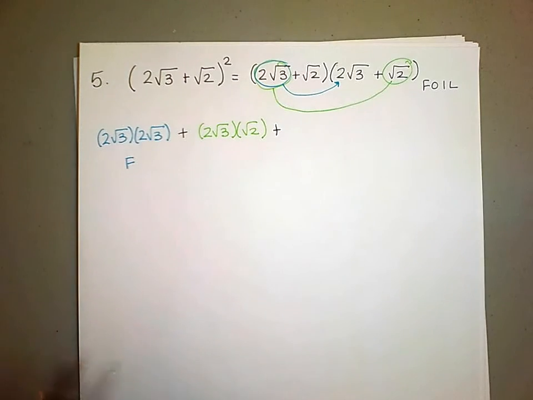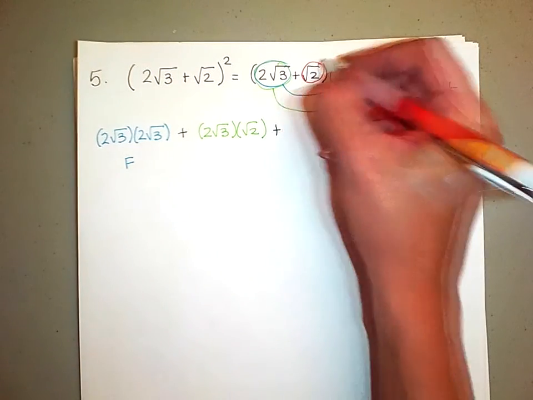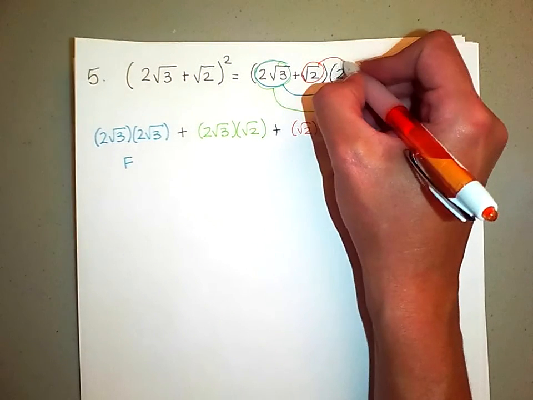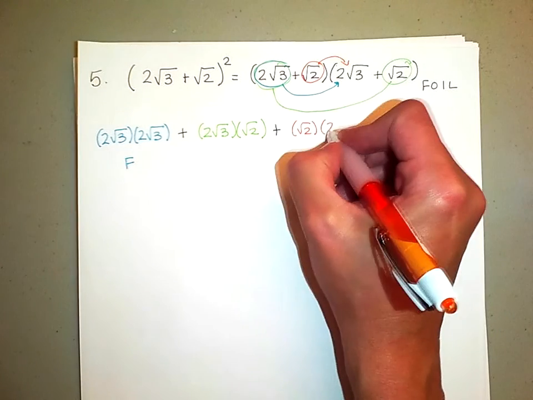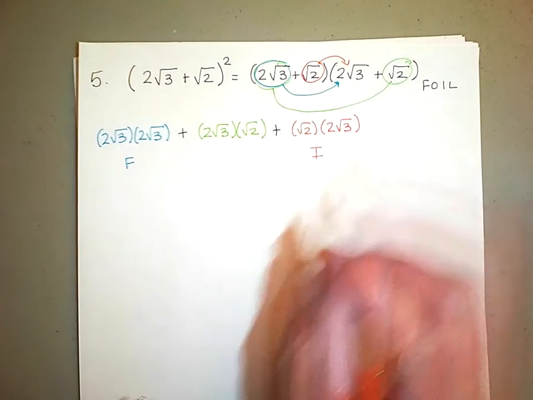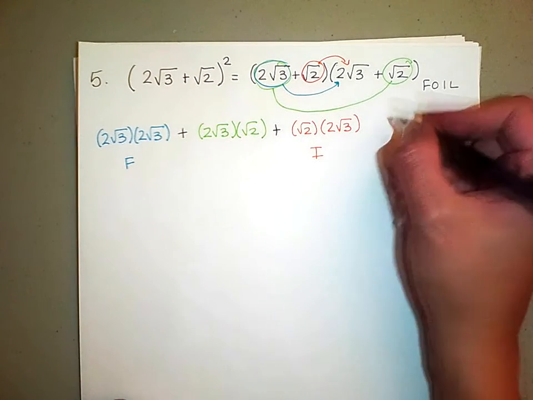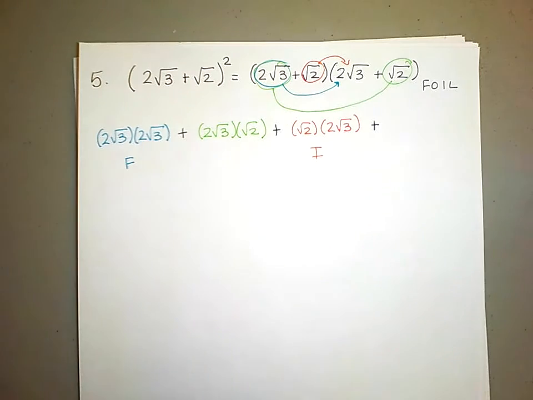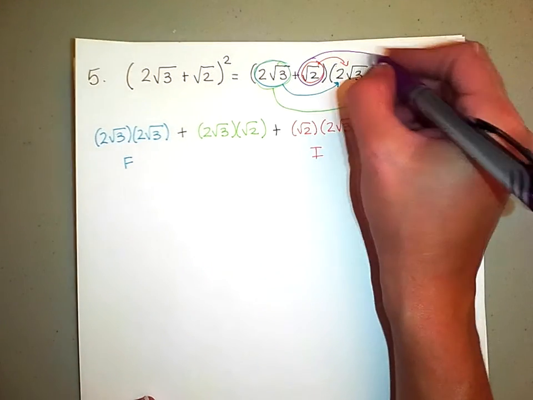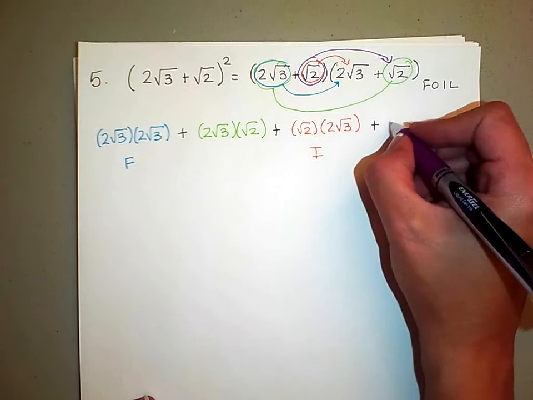plus here the square root of 2 times 2 square roots of 3. These are our inner. And then plus the square root of 2 times the square root of 2.